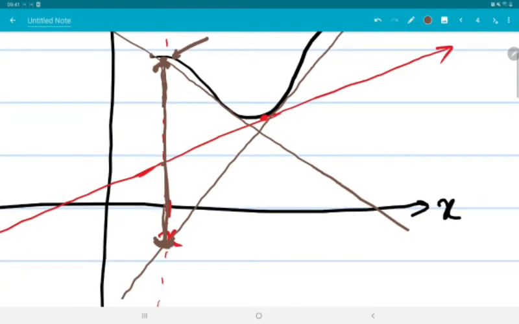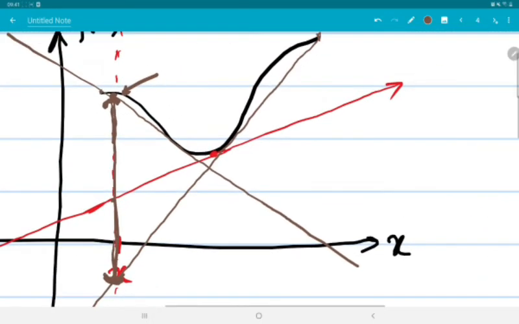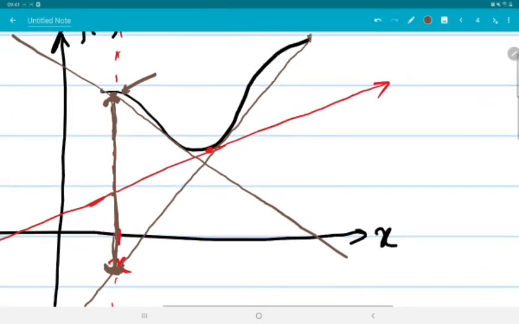Now if I take another x, suppose I take an x here, and this is my second x. The supremum will be this point, right? Because this is what is obtained by constructing the hyperplane.